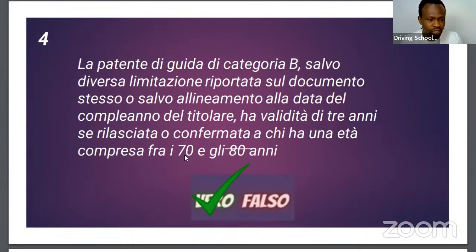La patente di guida di categoria B, salvo diverse limitazioni riportate sul documento stesso, o salvo allineamento alla data del compleanno del titolare, ha validità di 3 anni, se rilasciata o confermata a chi ha una età compresa fra i 70 e gli 80 anni.